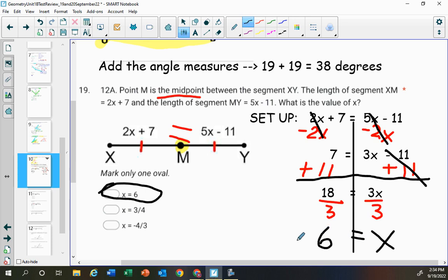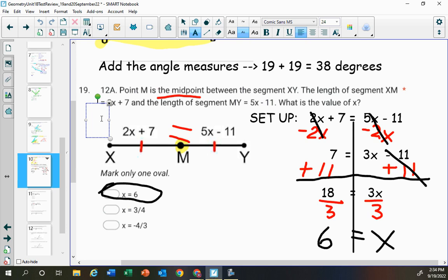We have 6 is x. So if it's a midpoint, that should be the clue. Set them equal to each other. The two smaller segments are congruent.